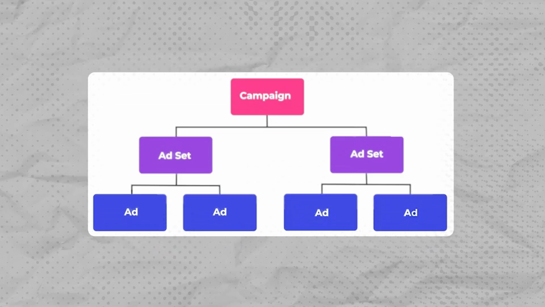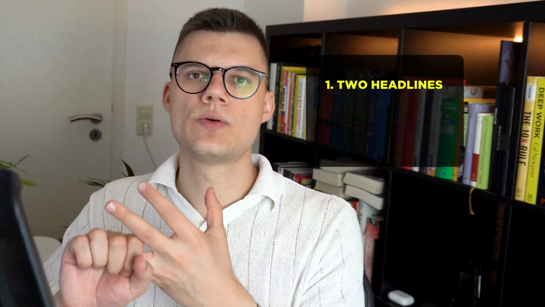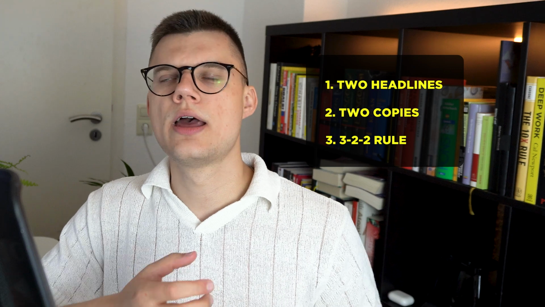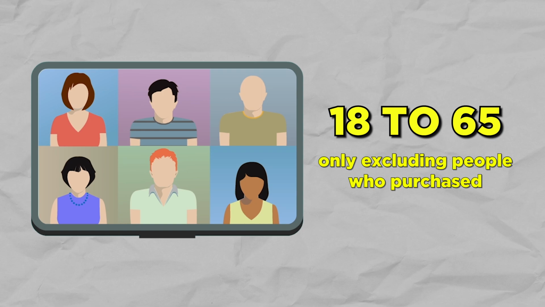So we test a maximum of 2 tests at any given time, which equals 6 creatives, because we always have 3 creatives per test, 2 headlines, 2 ad copies, 3-2 rule. I'm sure you've heard that somewhere before, it's quite common nowadays. But dynamic creative turned on, automatic placements, both genders in this case, 18 to 65, only excluding people who purchased. And this is how we structure tests.